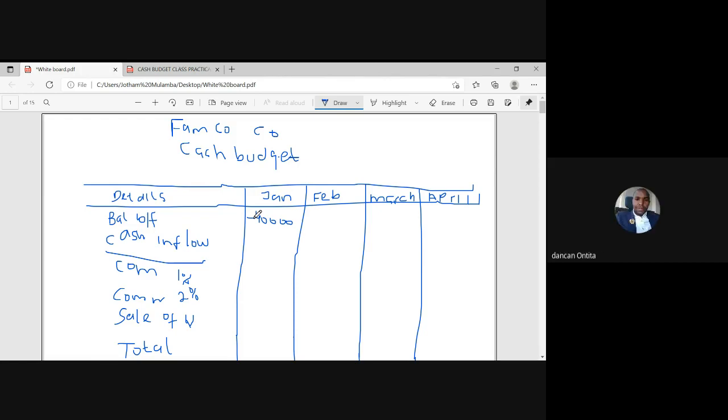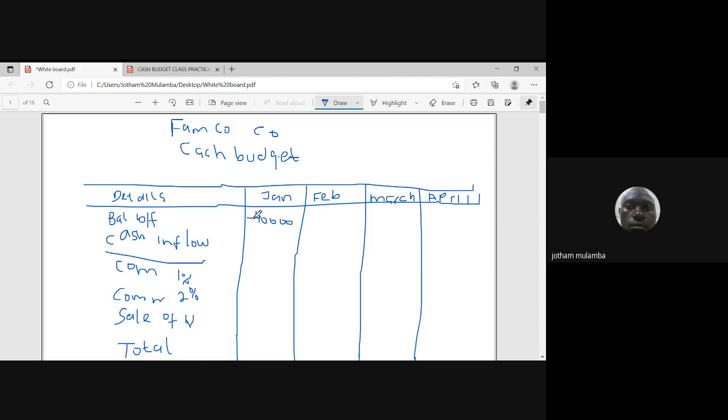So 10 times 180? Teacher, how did the 10 come about? So we look at the question: how many properties were sold in January? Yes, that 10 we multiply by the price per unit, which is 180,000.